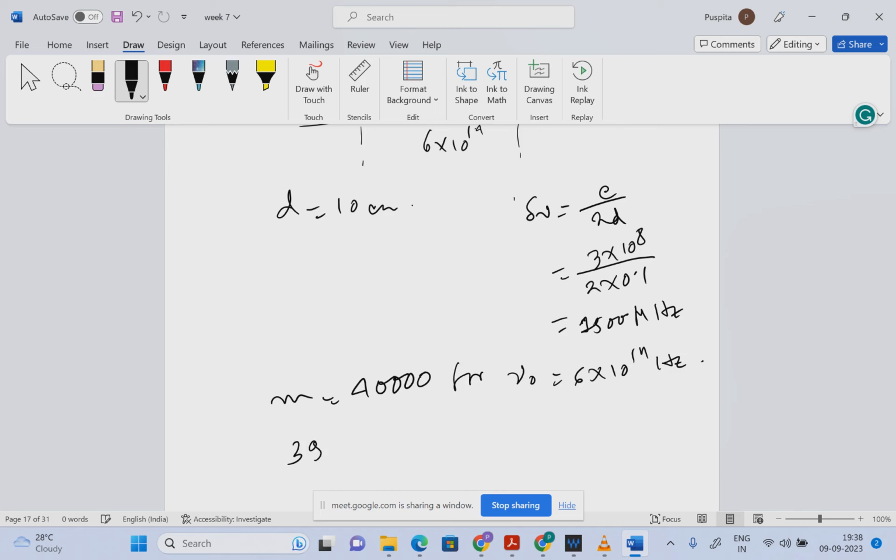So the next is 39999, and the one above is 40001. Corresponding to this, nu naught is 6 into 10 to the power 14 minus 1500 megahertz.